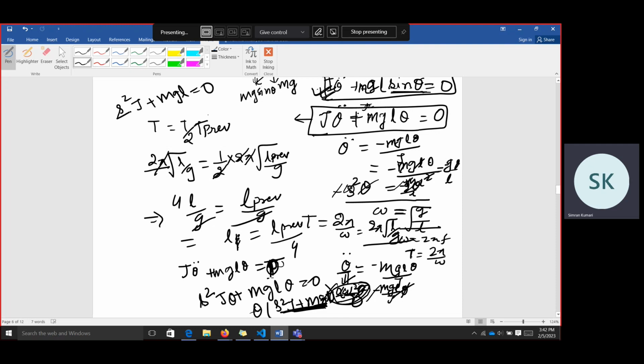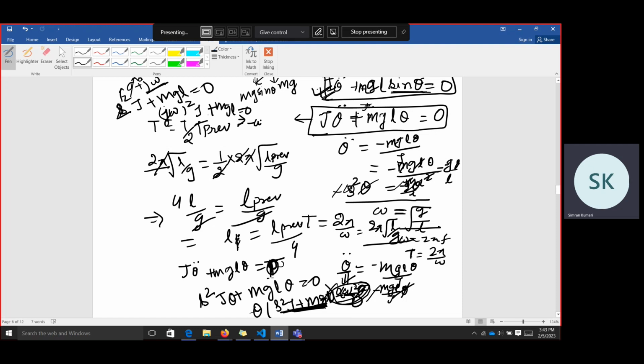Now we have to find the time period, and we know that there is no damping in this. So we can simply replace this s, because this is a complex frequency, sigma plus j omega, by j omega, because the sigma term is not present as there is no damping. So this will give j omega square J, this is a small j, plus MGL equal to 0.